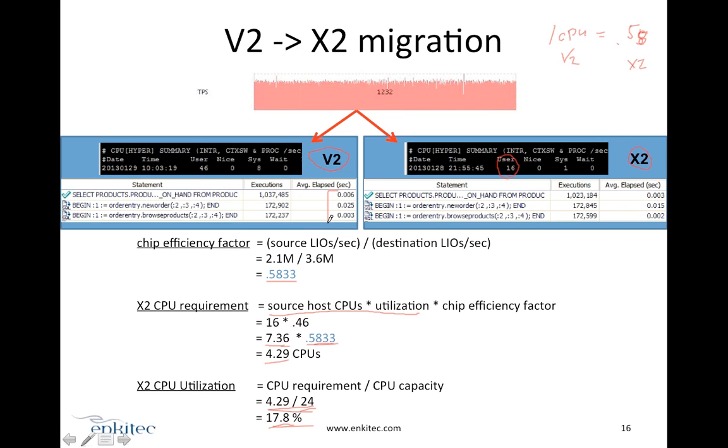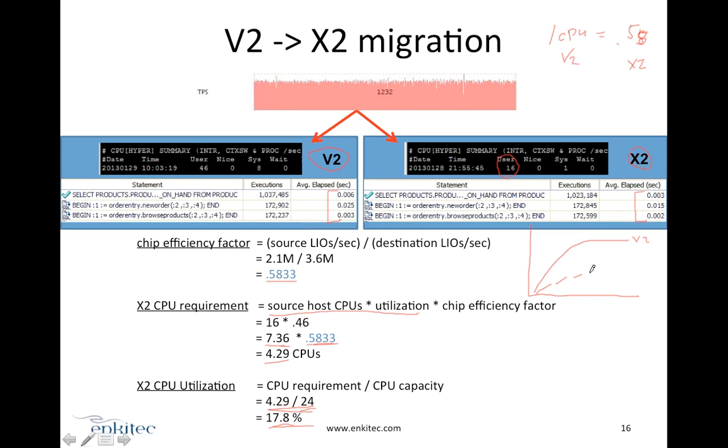Now, if I multiply that with the speed factor, then I'm only getting 4.29 CPUs. All right, and after that, I will multiply that 4.29 to the capacity of the X2, which is 24 CPUs.